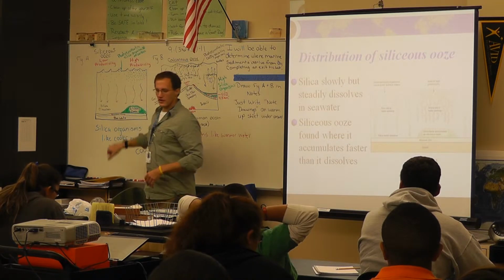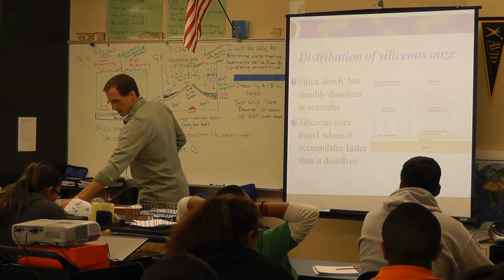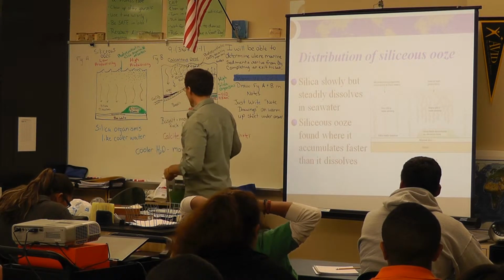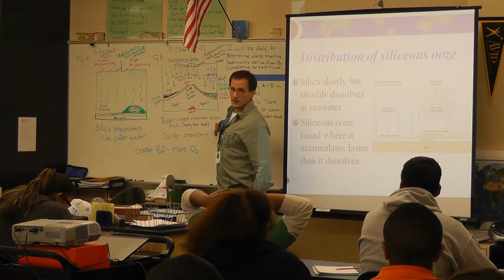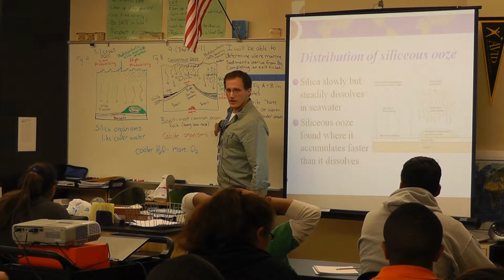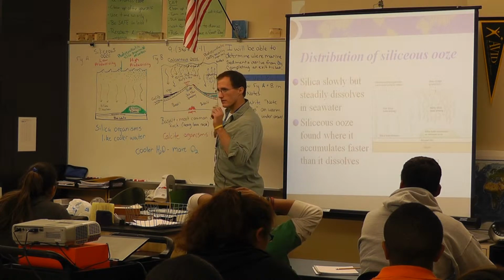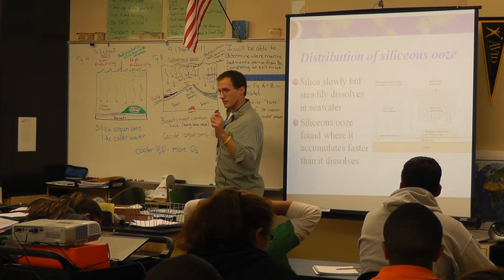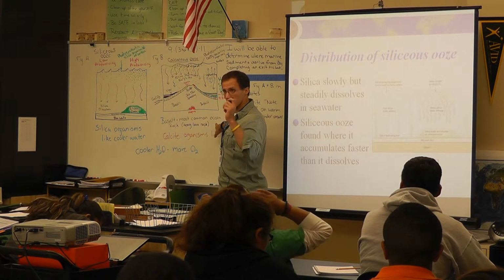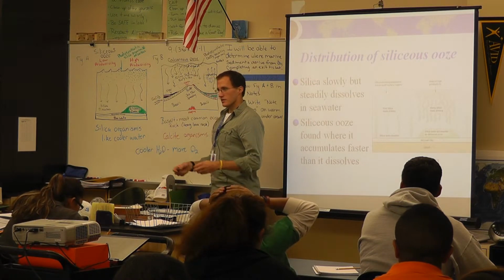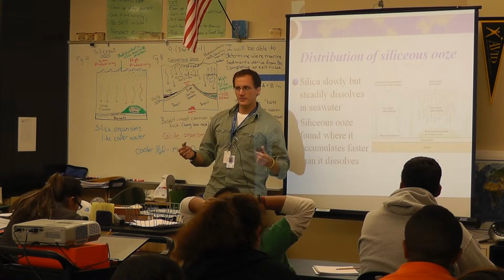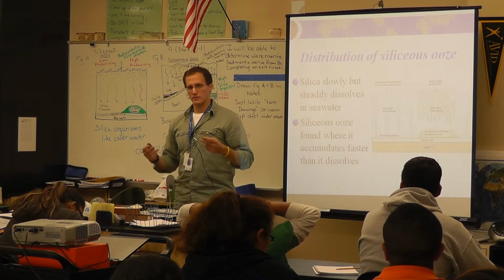And then basalt, I have 2 examples of basalt right here, is the most common ocean rock. It's a lava rock. Why do you think a lava rock would be the most common ocean rock? What is constantly being created on the ocean floor? Volcanoes. There's a lot of volcanoes, aren't there? What comes out of volcanoes?